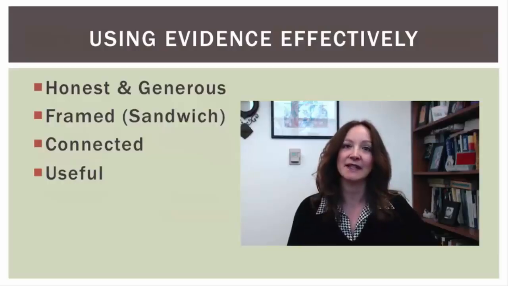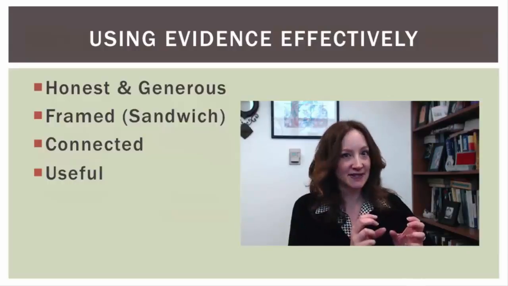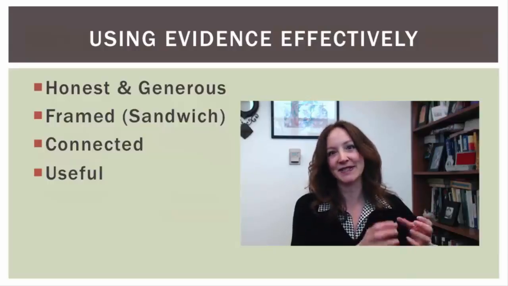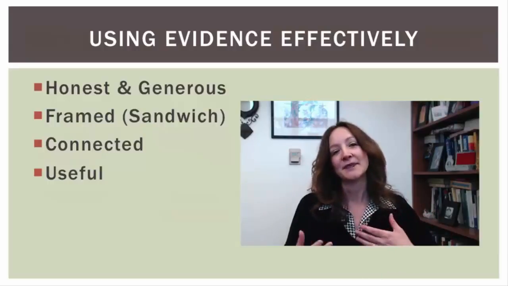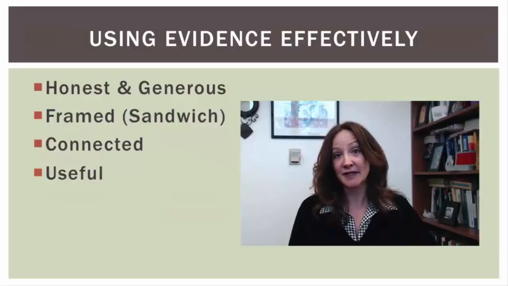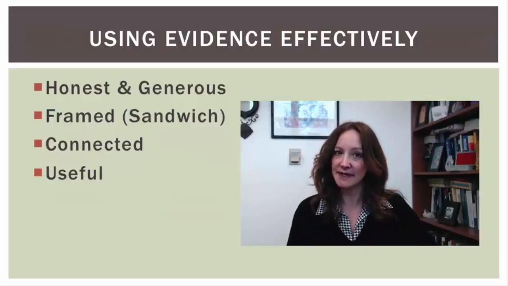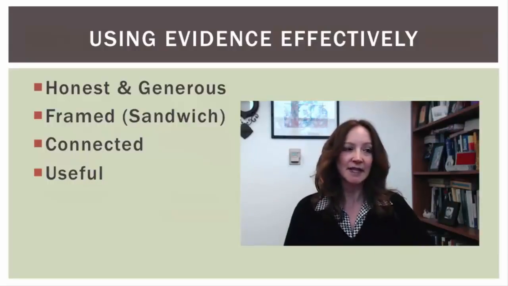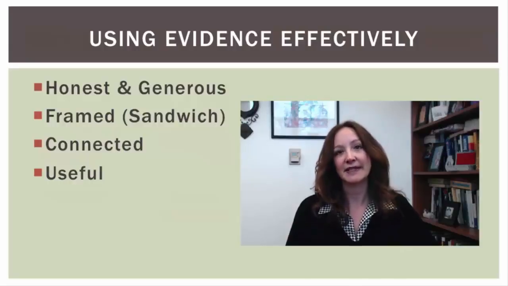In academic writing, you don't want to try to catch people with the 3 words of one sentence that they said that maybe works against a larger point. So you want to try to be as honest as possible and also as generous as possible. It's quite reasonable for you to take other writers to task for arguments that they make, but you wouldn't want to nitpick about every single sentence.